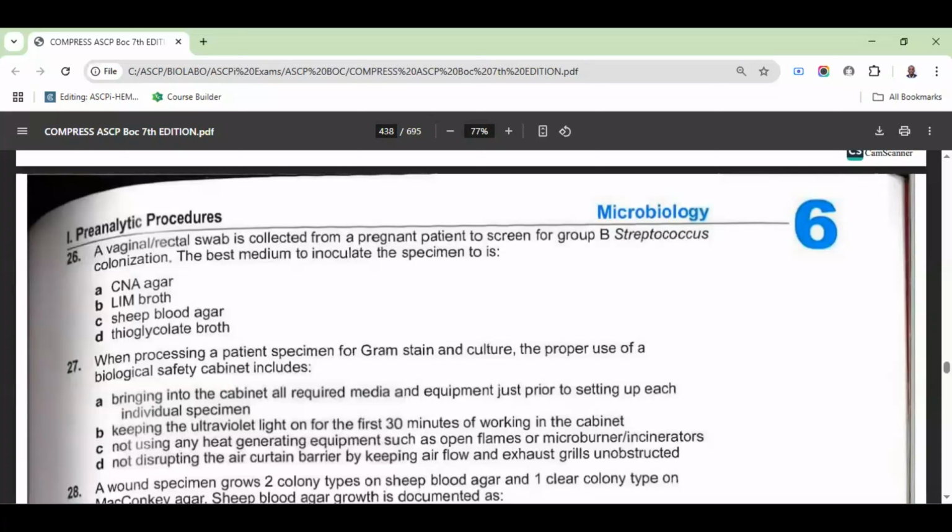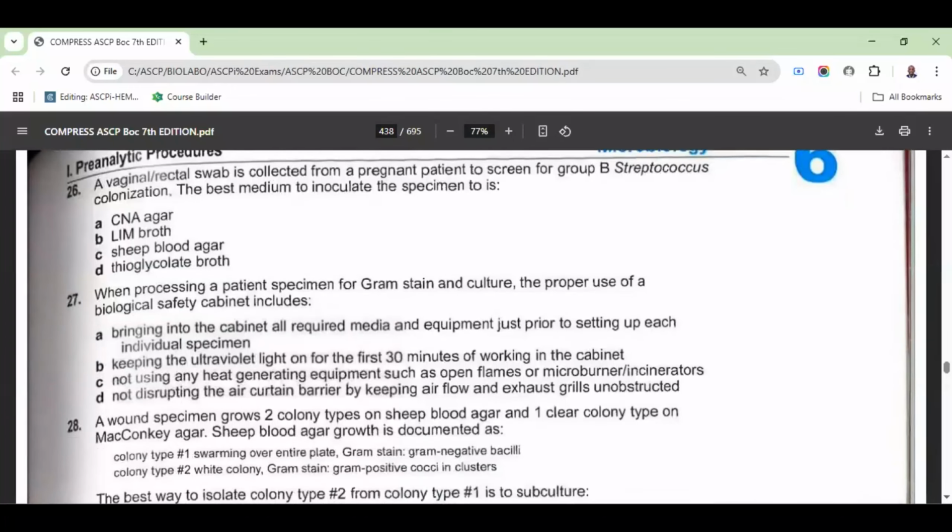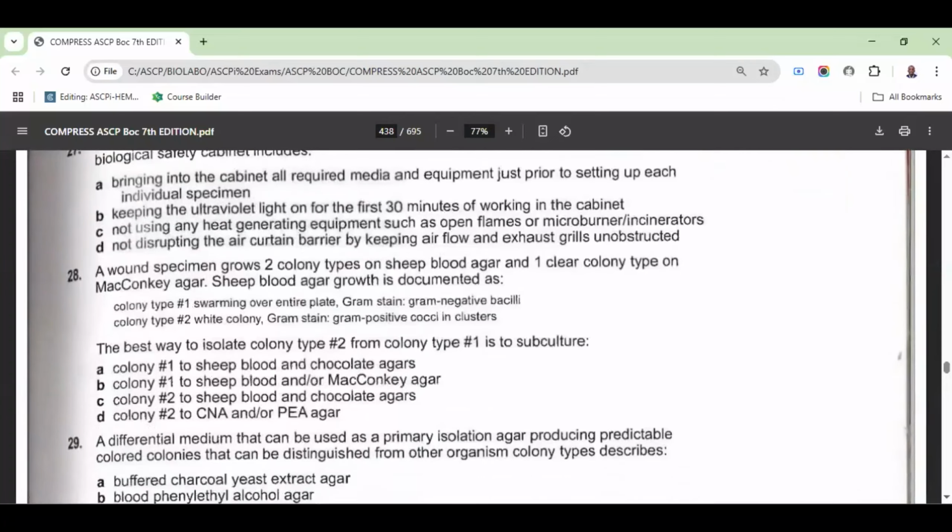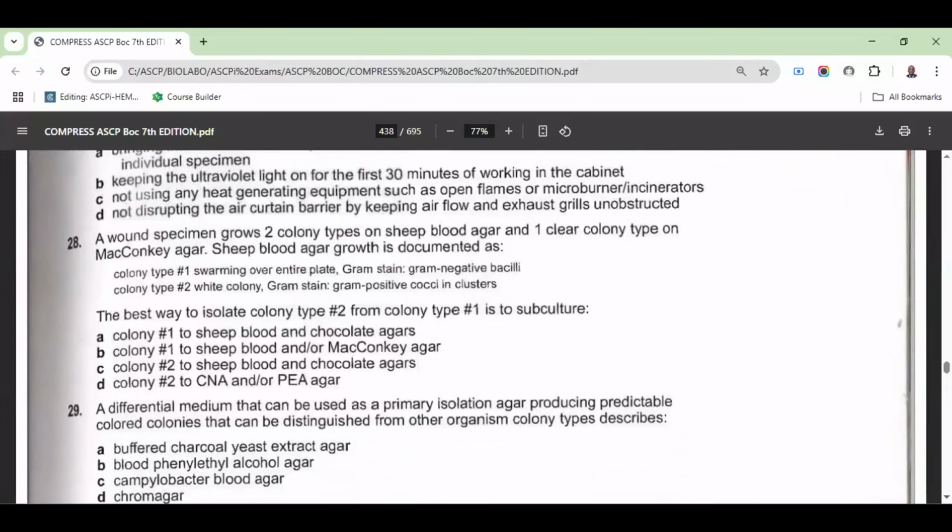So now we are on question number 27. Number 27 is just a theoretical thing. Let's go to question 28. A wound specimen grows two colony types.